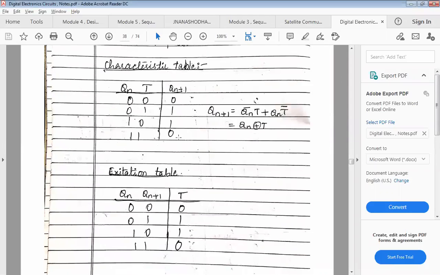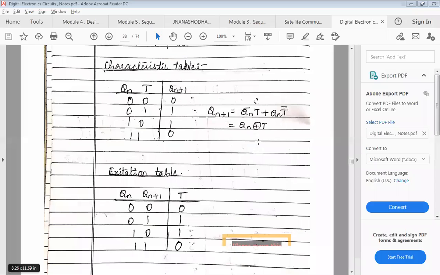Put it in your K map, and you will get an equation like this. As you can see here with your characteristic table, you are going to get the equation Qn XOR with T. In fact, with visual inspection you can go ahead and get the equation. Wherever you have 1, you have to look for those combinations.